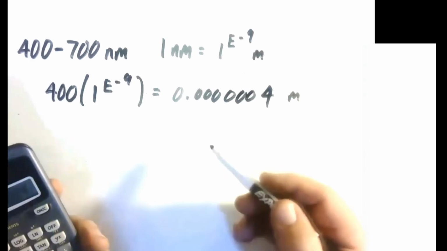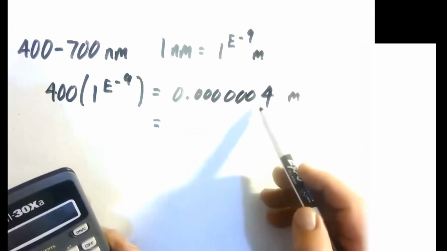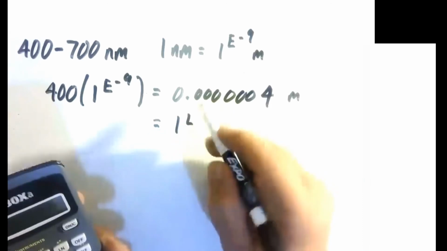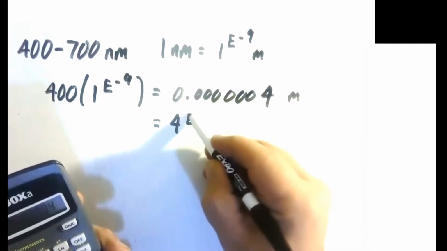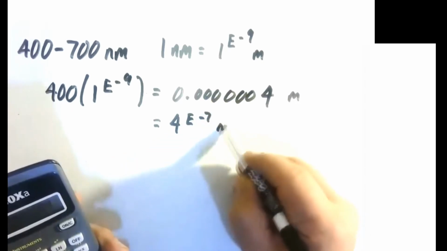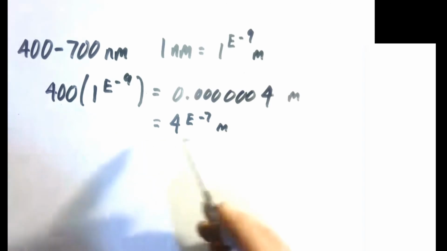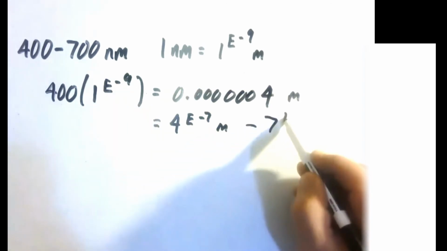Well, that's correct, that many meters. But there's a more elegant way to write that. And as you might imagine, it involves scientific notation. So we count the number of places in front of our 4, and there are 7 places. And so this is 4e negative 7 meters. Now, if 400 is 4e negative 7 meters, then 700 would be 7e negative 7 meters.